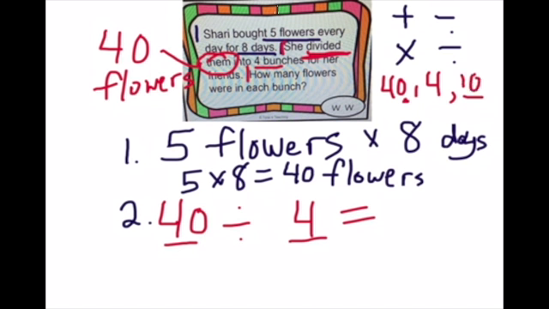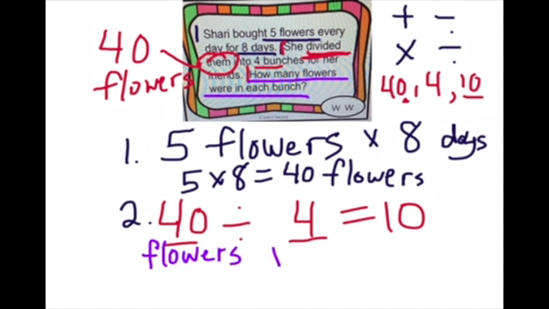Okay, let's read the last sentence. How many flowers were in each bunch? That's what we just figured out, right? She had 40 flowers total. We divided that into 4 bunches. And that means there's 10 flowers in each bunch. So 10 is our final answer.